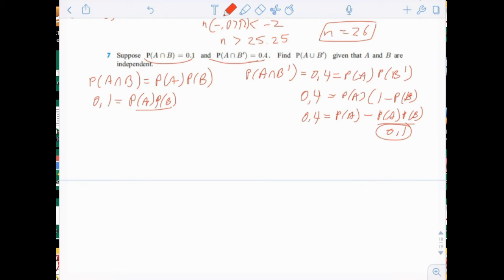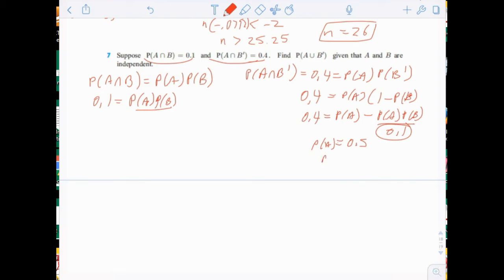And then we can do algebra, and we'll discover that P(A) is equal to 0.4 plus 0.1. So the probability of A is actually equal to 0.5. And now we know that 0.5 times the probability of B is equal to 0.1.